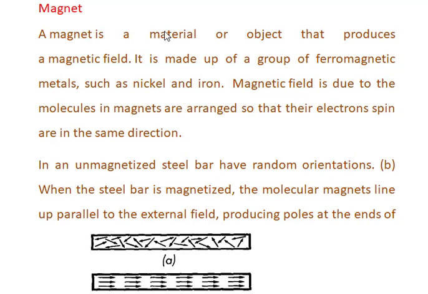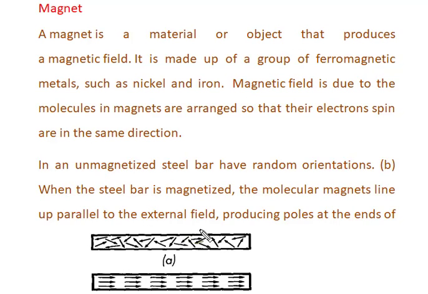Each molecule has electrons. Each electron has two different spins, plus half spin and minus half spin, that is up spin and down spin. So here all the electron spins of the atoms of the molecules are arranged in the same direction.